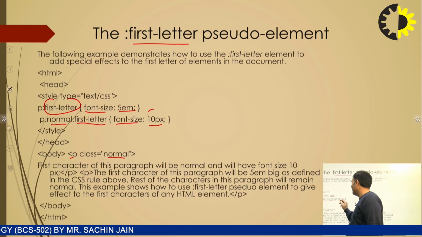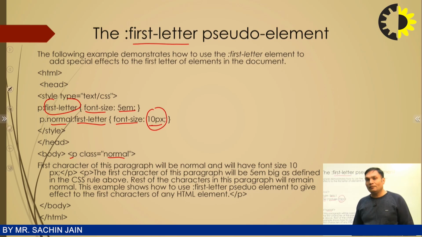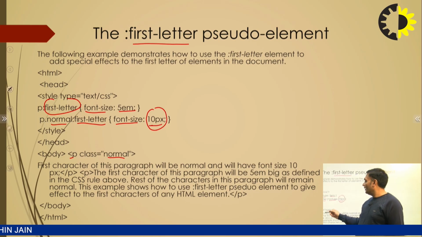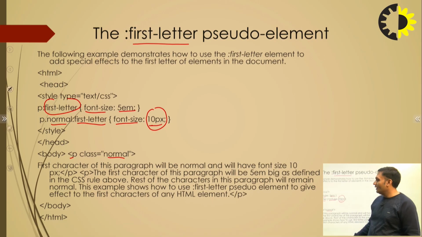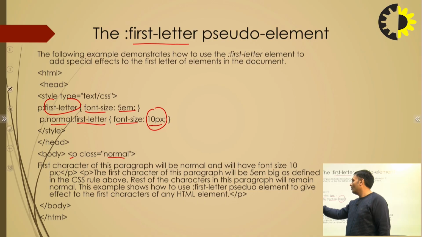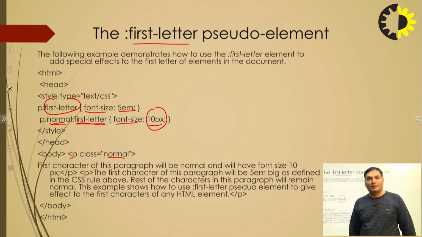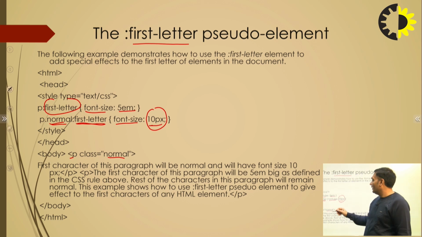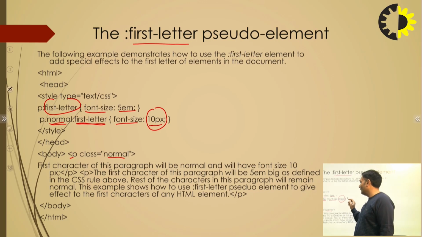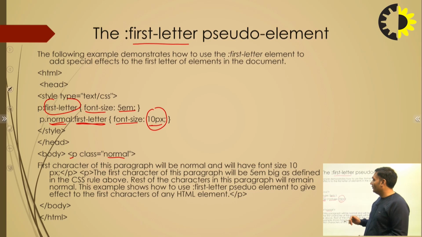So if we define a class or ID for a paragraph, we can write p dot class name colon first letter, that is a pseudo element, then curly braces open, and in between we write the property colon value.